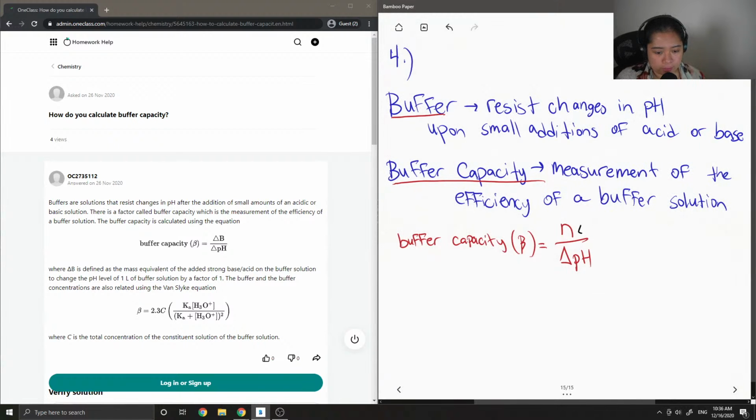Here, N is the number of moles of an acid or base added per liter of solution.